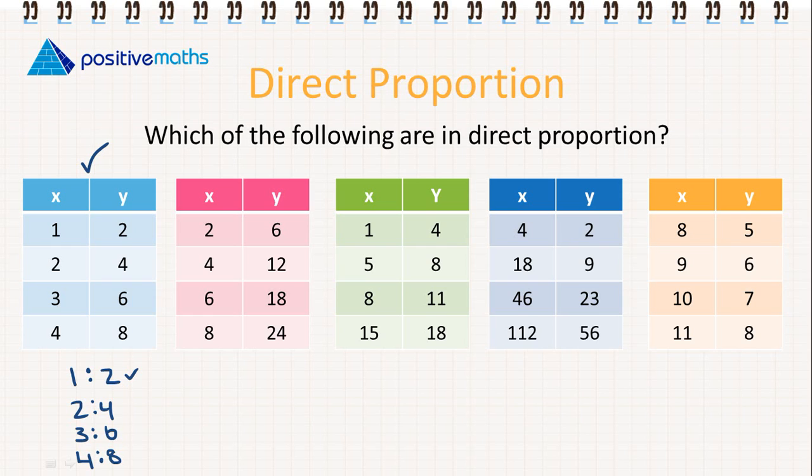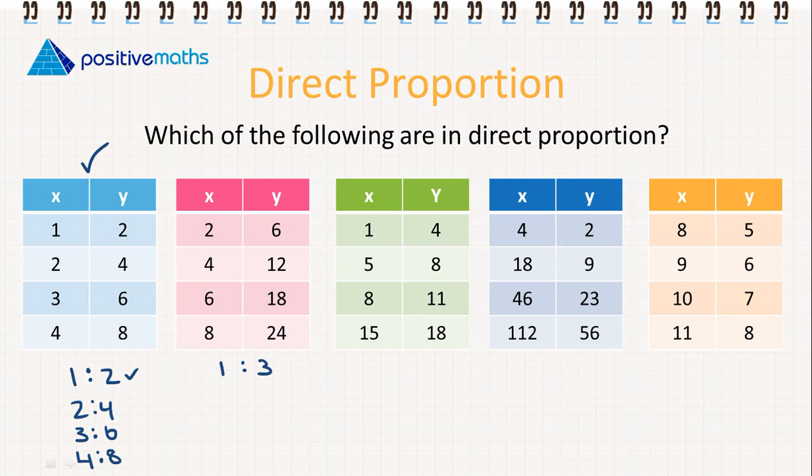The pink table. The ratio of this table really is 1:3. All of these figures, x to y, will simplify as 1:3. 2:6 will simplify to 1:3. So will 4:12, so will 6:18, and so will 8:24.